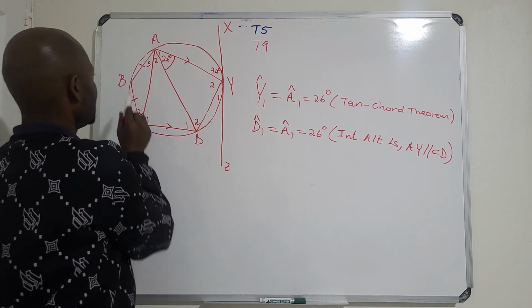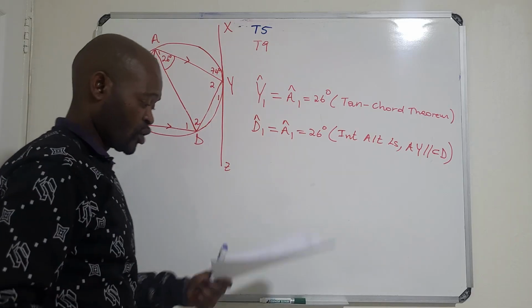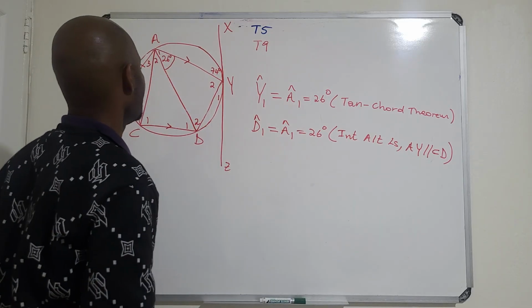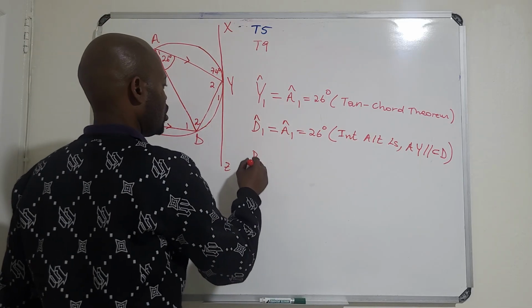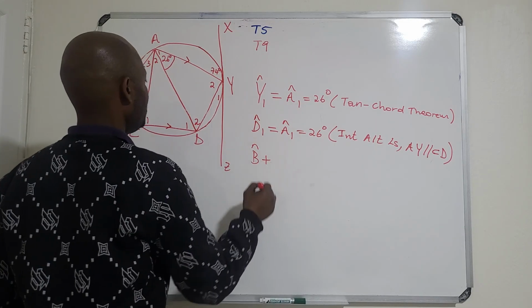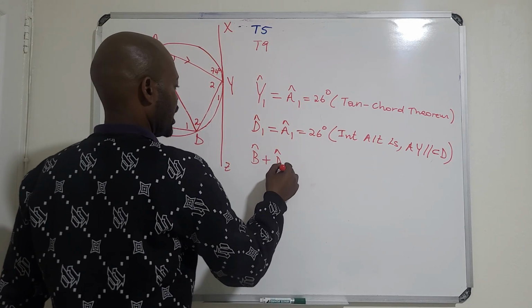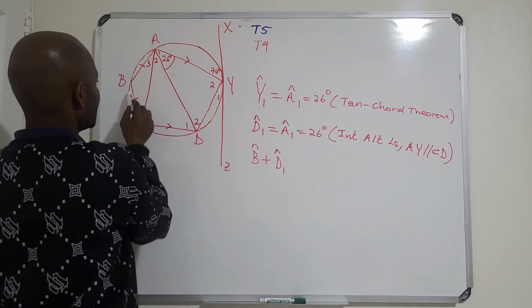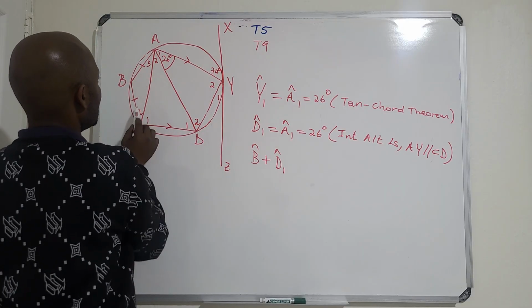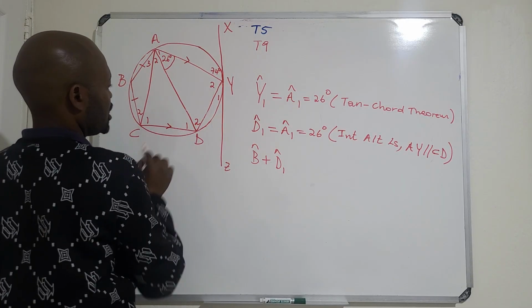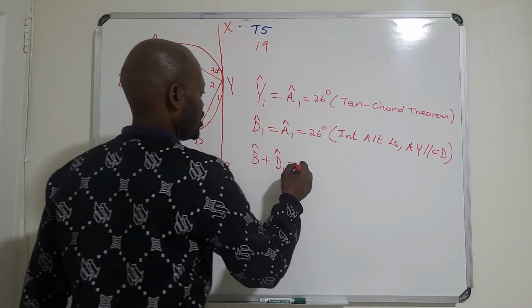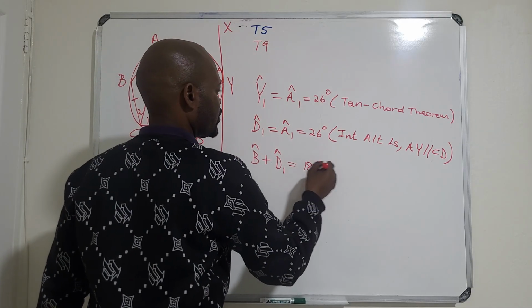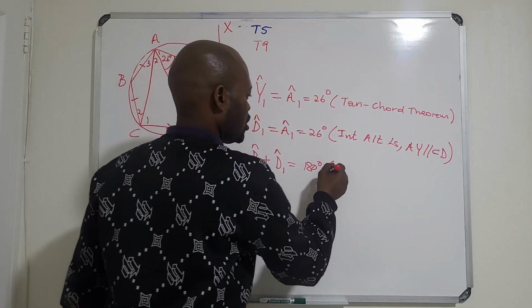Therefore, we can find angle B because they said we must find angle B. Therefore, angle B plus angle D1, because this is a cyclic quadrilateral, opposite angles are supplementary, which is equal to 180 degrees.